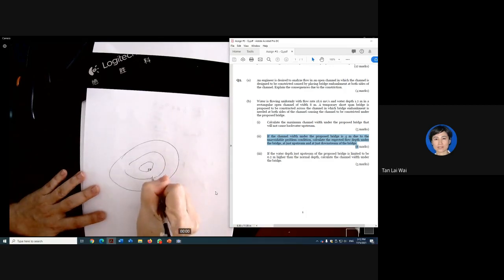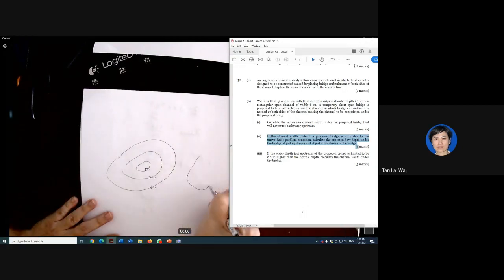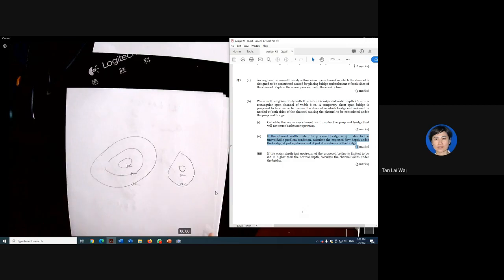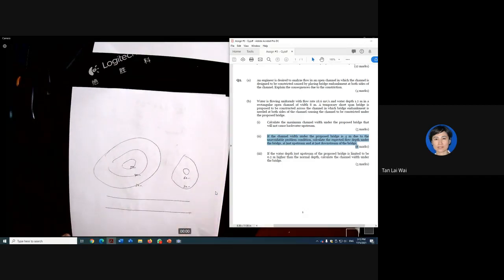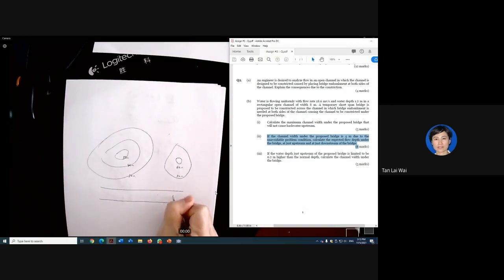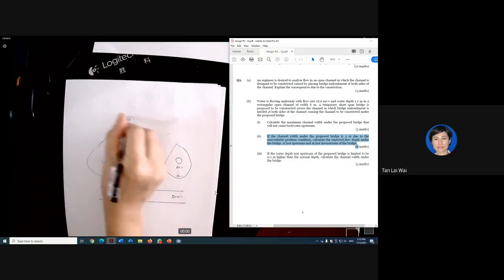This is 450. This is 30 meters. So this is high ground. So I'm going to have another. This is 60. This is 50 meter. I'm going to say I'm going to have a drain here.